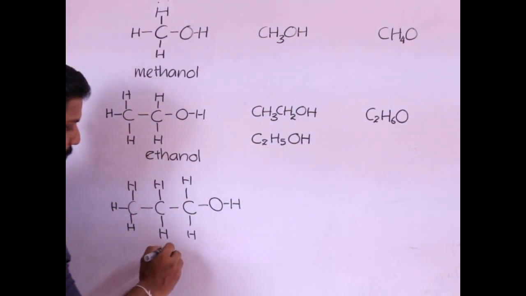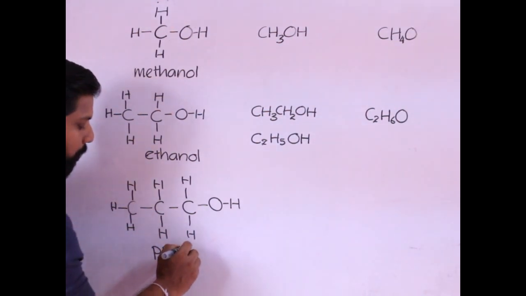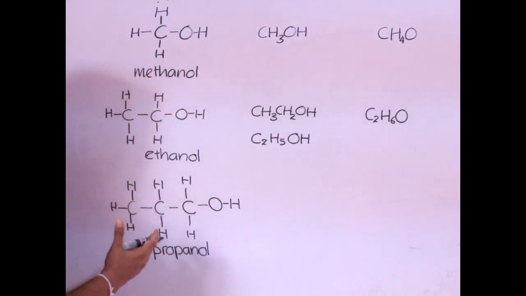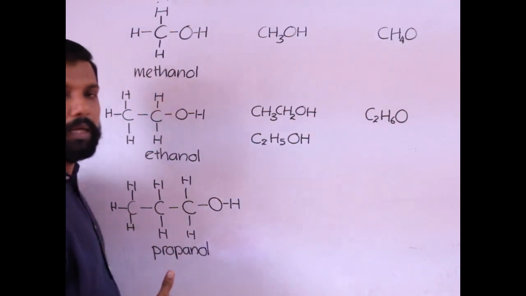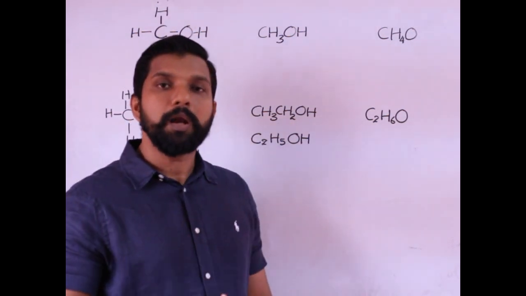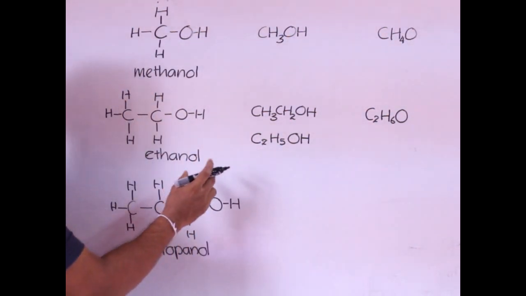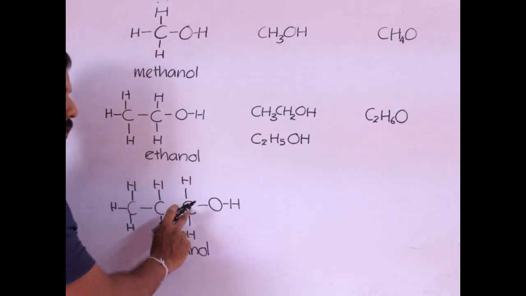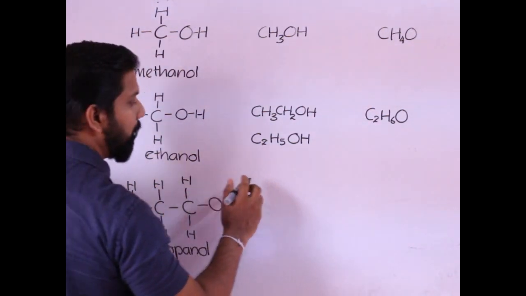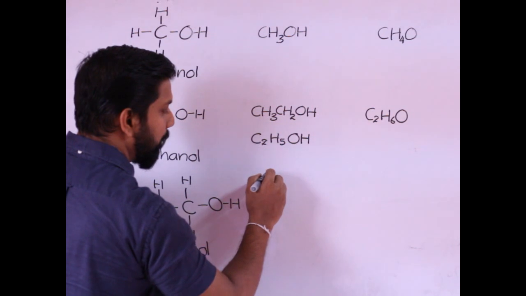So we call this propanol in our O level, but more accurately it has to be propan-1-ol, since the hydroxyl group is on the first carbon atom. Now let's write the condensed formula.